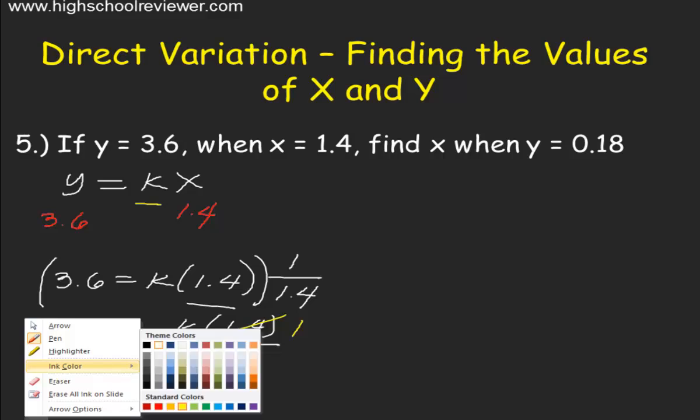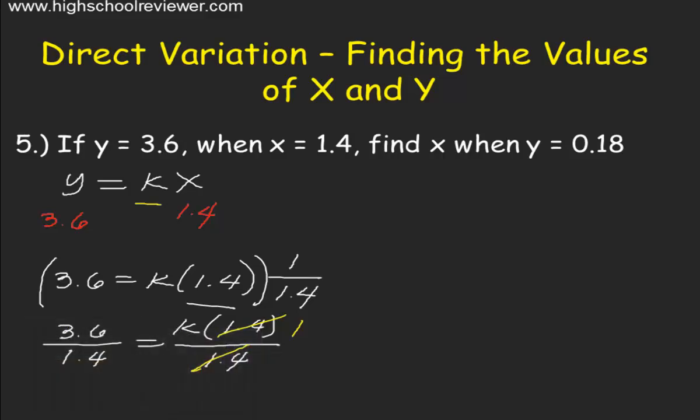So we have 3.6 divided by 1.4, which gives us 2.57, and k multiplied by 1 is equal to k. We now have the value for k.